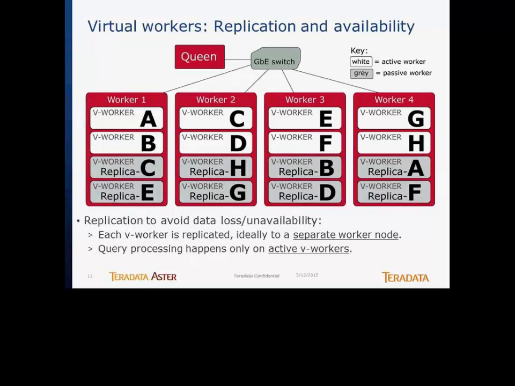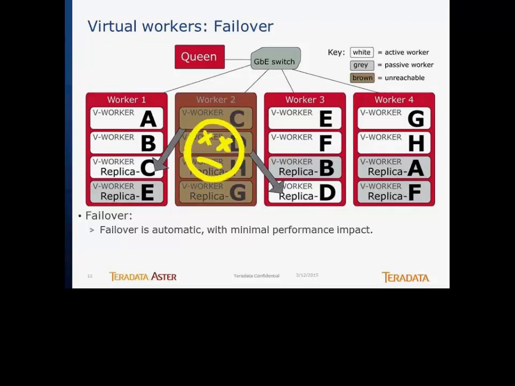So in the event of worker failure, for whatever reason, if worker 2 goes down because of some network glitch or some other reason, the active or primary vWorkers on worker 2, that's C and D, automatically fail over to the replicas on worker 1 and worker 3. That's a failover which is automatic. It happens with minimal performance impact, and the queries are retried so that from a user standpoint, your query is not stuck or failed.